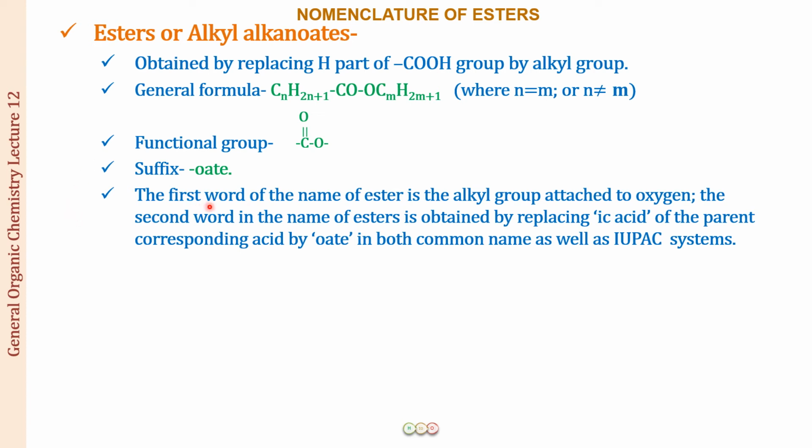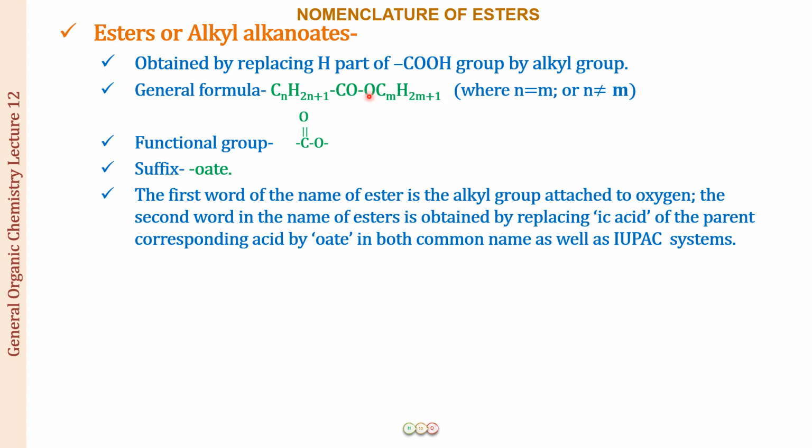The first word of the name of the ester is the alkyl group which is attached to oxygen. So can you see in this which is the alkyl group which is attached to oxygen? Well, it is this alkyl group.